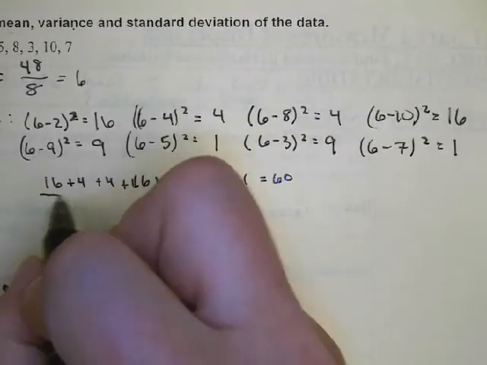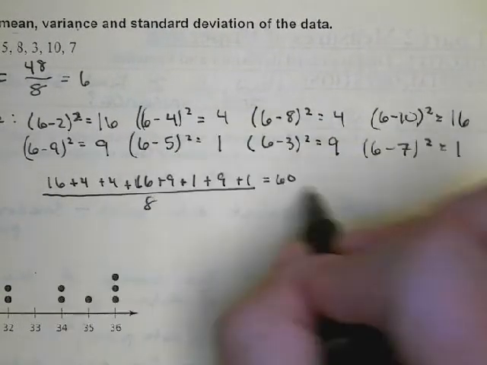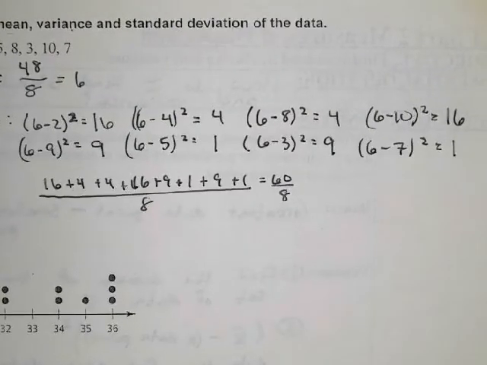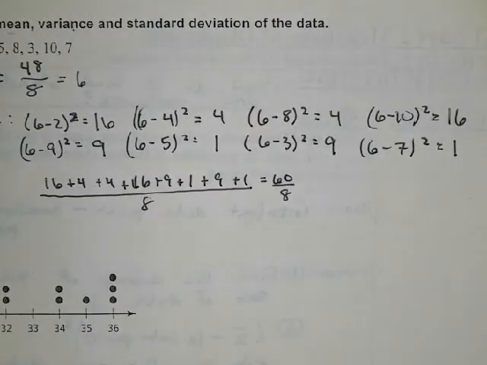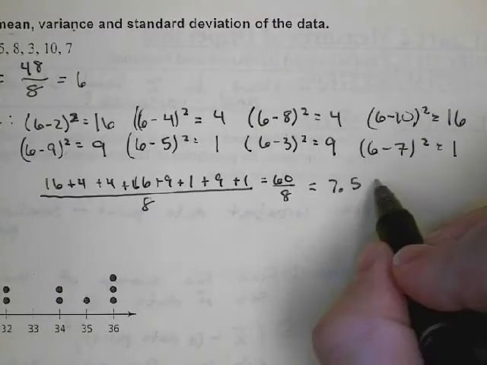And then we divide that by how many there are: 1, 2, 3, 4, 5, 6, 7, 8. So we'll divide 60 by 8. 60 divided by 8 is equal to 7.5. So we found our variance is 7.5.